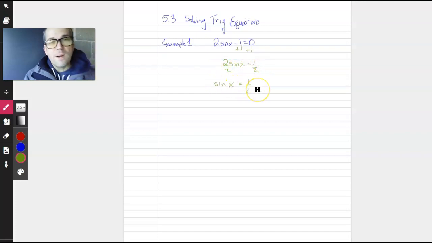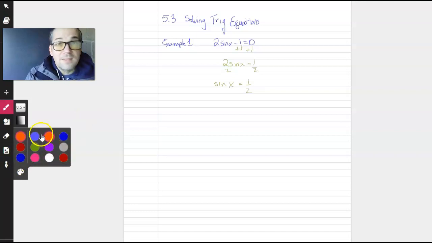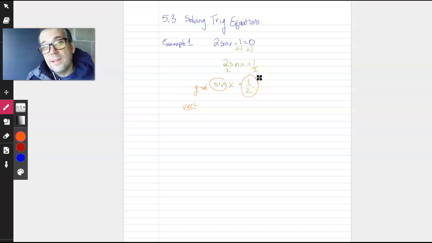So now is the part where we have to use our brains. What I want to do is try to figure out any and all angles I could possibly imagine whose sine value is 1/2. And here's how I want you guys to process this information. We know that sine is associated with the y value on a unit circle, or with the vertical component. And we know that this is the baby side of a 30, 60, 90 triangle, that pi over 3, pi over 6 triangle.